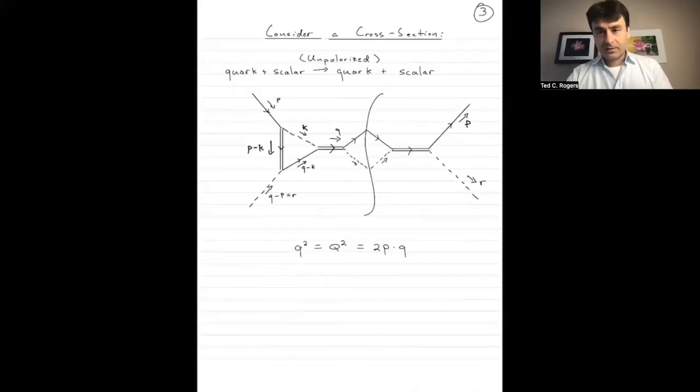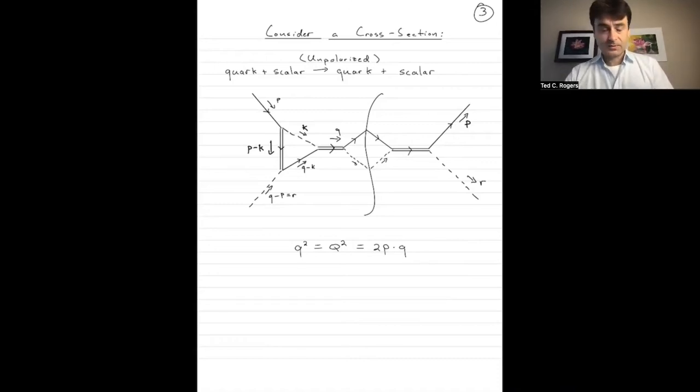Okay, and I think that the best way to do this is not to just look at the 3-point function by itself. I think it's more instructive to actually imagine that you're doing that 3-point calculation as part of some kind of cross-section calculation.